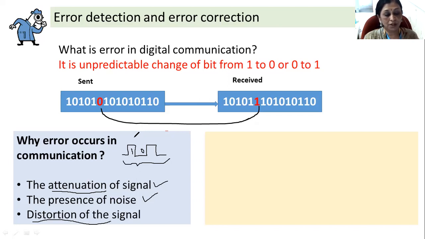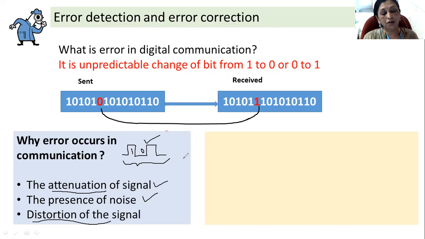And suppose the bandwidth of the transmission media is less as compared to the bandwidth of the signal, then what happens? When a signal with greater bandwidth is transmitted through the media with the smaller bandwidth, a change in the shape of the signal will take place.